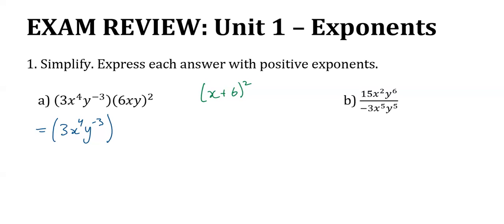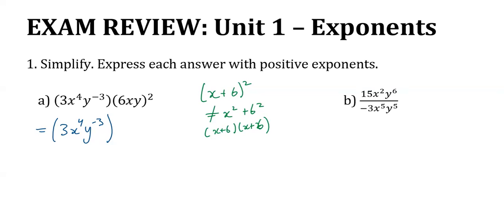For a question like this, we do not just do x squared and 6 squared, right? We don't do that. This is actually x plus 6 times x plus 6, not 2. And you end up doing the whole expanding thing, and you end up with 3 terms, not just x squared and 6 squared. But in this case, that is what you're doing.